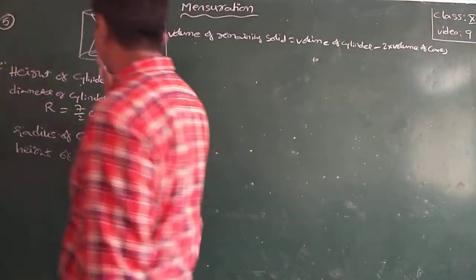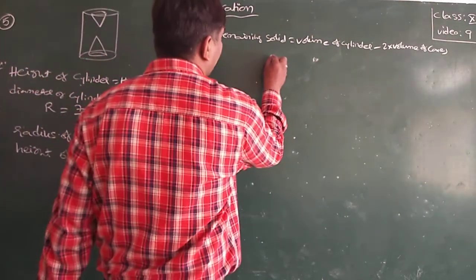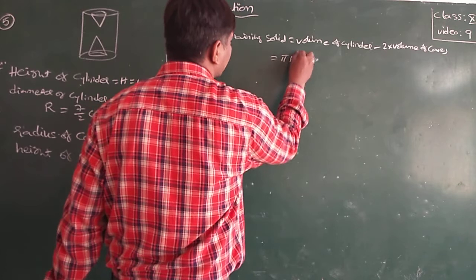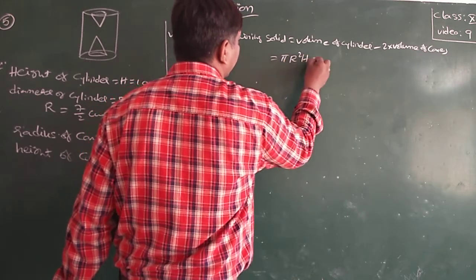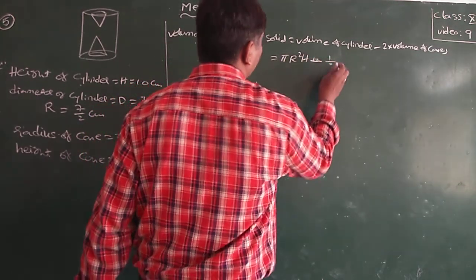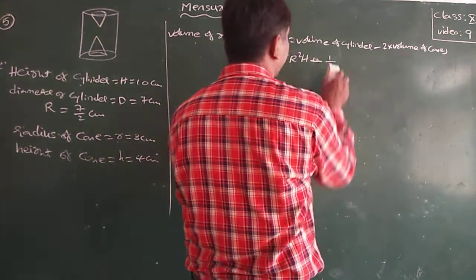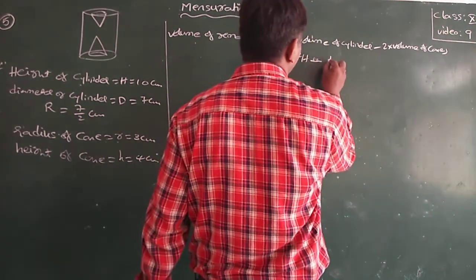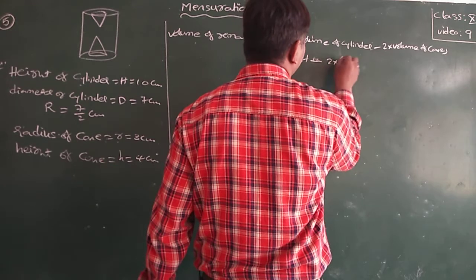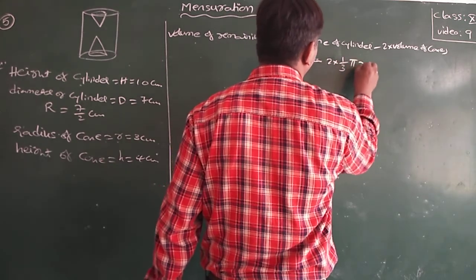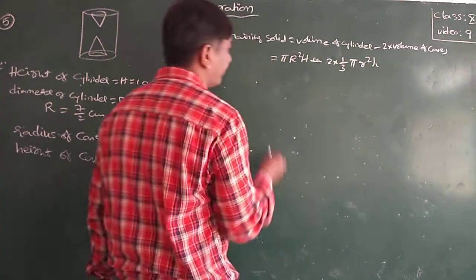That's it. These two portions are removed. Volume of a cylinder is pi R square h, minus 2 into 1 by 3 pi r square h.